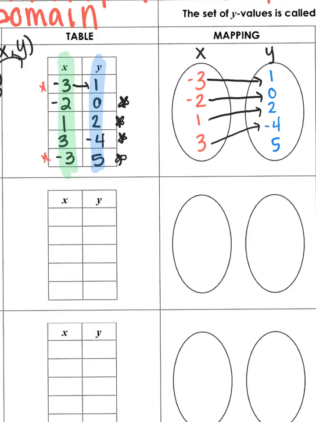And then we have -3 that goes to 5. So I'm going to go back up here to -3, and then I'm also going to draw a second arrow coming from -3 to go to +5. And that's how we do mapping.